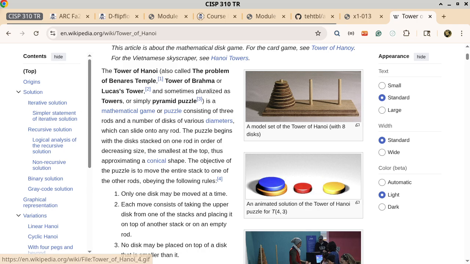It shows you how to solve the puzzle. You have 3 poles. You have all the disks stacked up on the leftmost one, and the objective is to move all the disks all the way to the rightmost pole. You go, okay, that's pretty easy. Just take the whole stack, drop it off, and you're done.